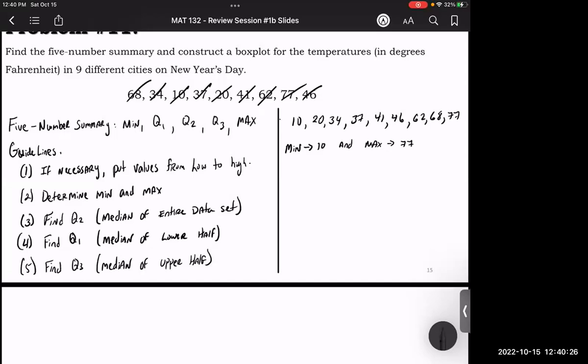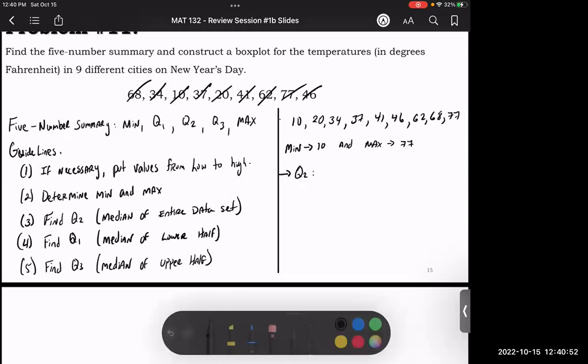Now, if you want to find Q2, you would need to take the median of the entire data set, right? So how many data values do we have? There's a total of 9 data values. So when n is equal to 9, 9 is an odd number, the median of the entire data set is the middle value.